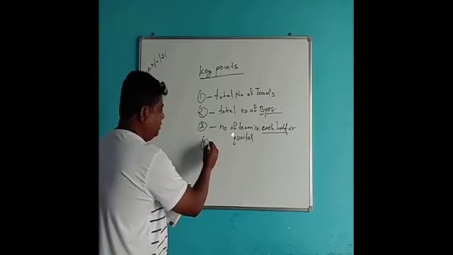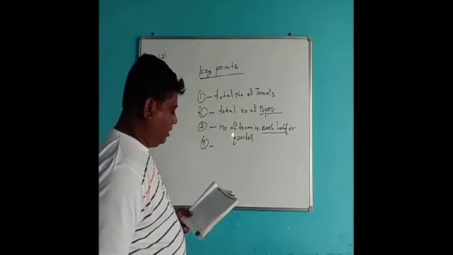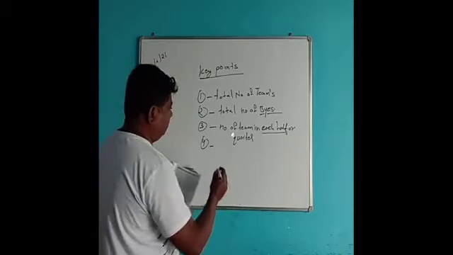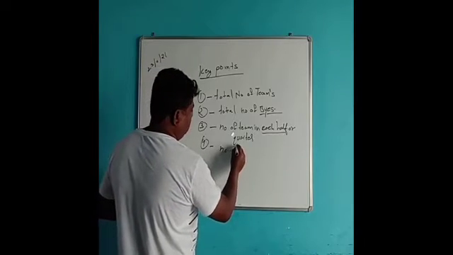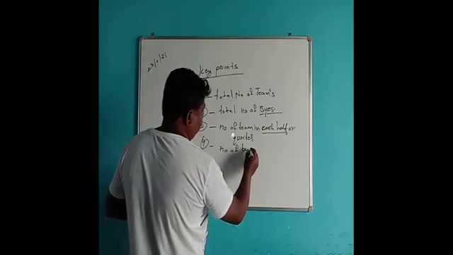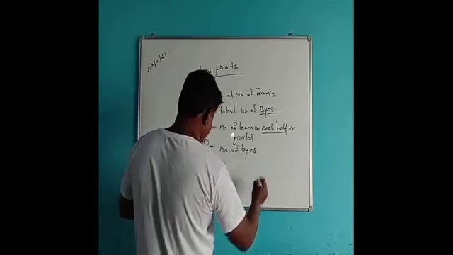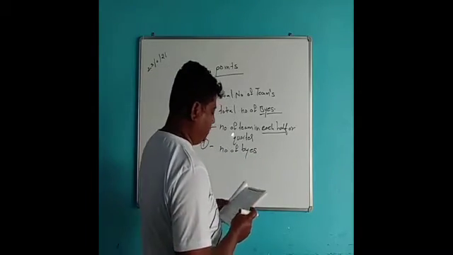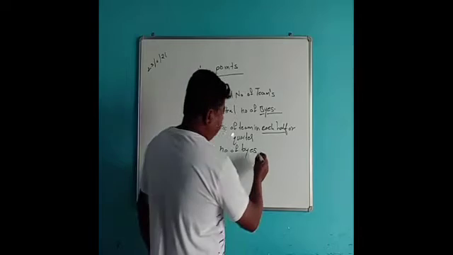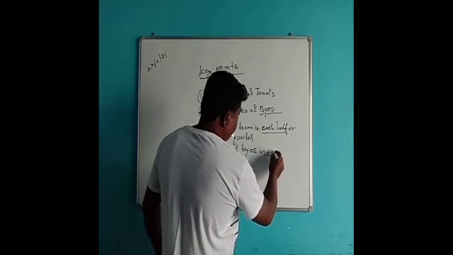Fourth point is the number of byes in each half.